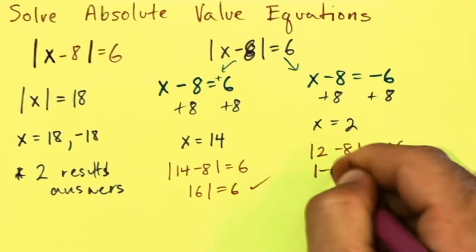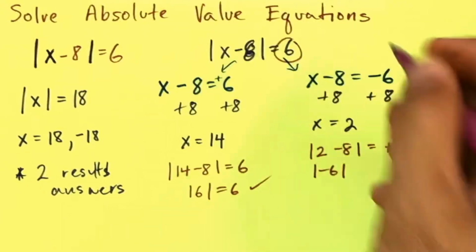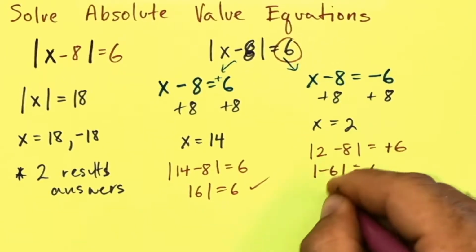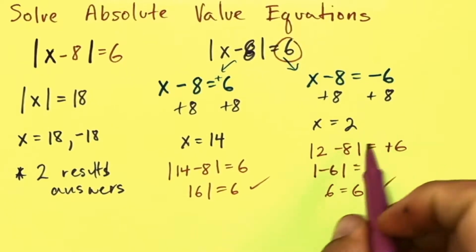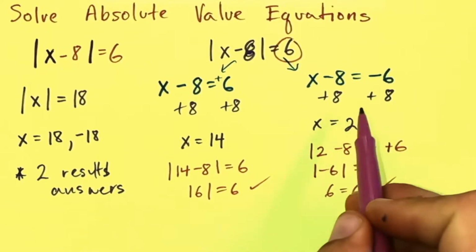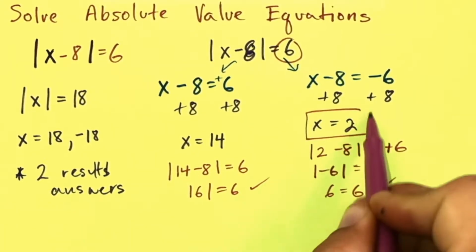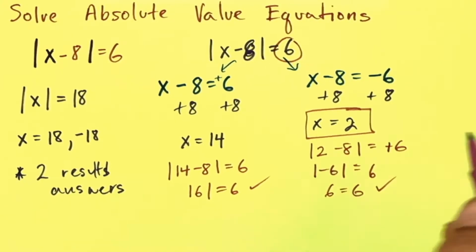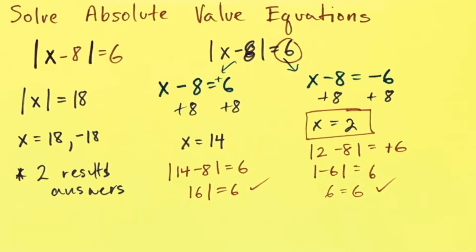So 2 minus 8 is equal to negative 6. Is the absolute value of negative 6 equal to 6? Yes, it is. So what this alternative answer does for us is give us the way in which I can get a negative inside my absolute value and solve for the 6 here.